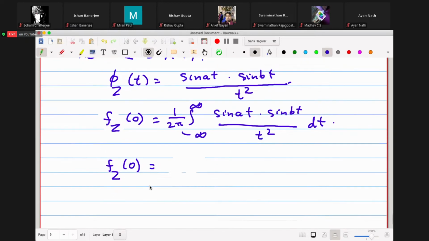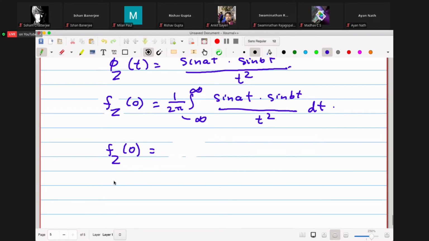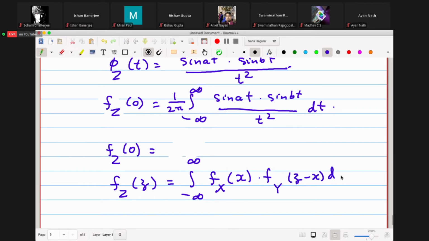You can write more generally the density function for this by using the convolution product. f_Z of z is the integral from minus infinity to infinity. Write down the formula always. f_X of x times f_Y of z minus x, and here the integration is with respect to x.